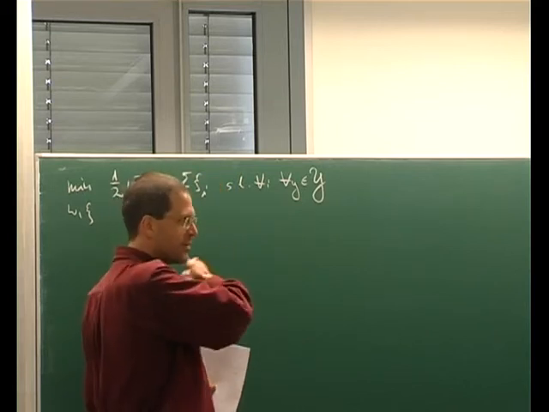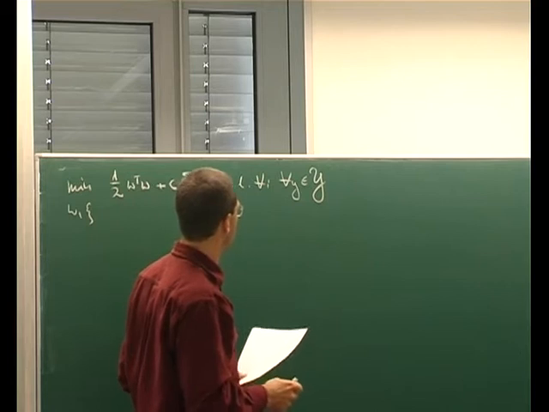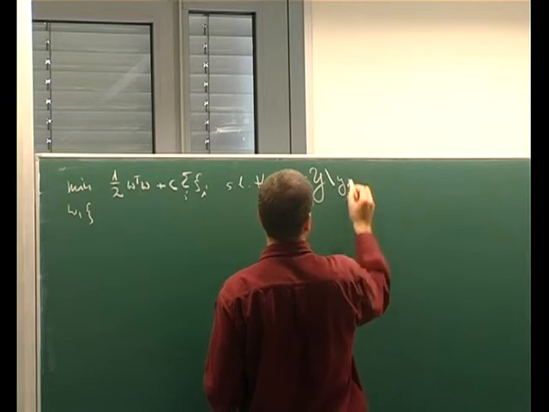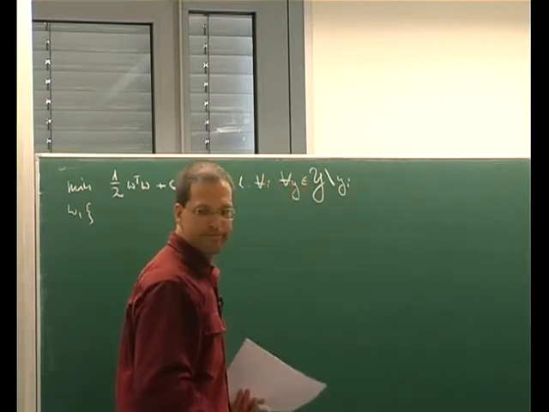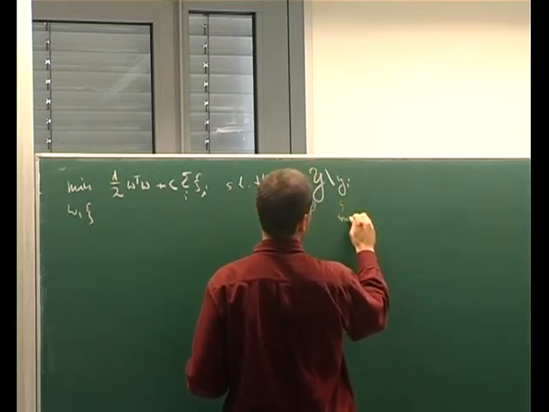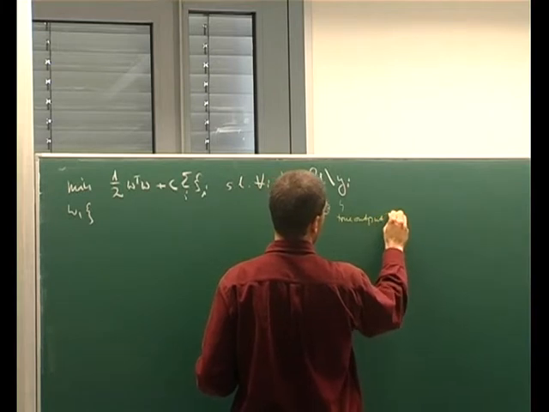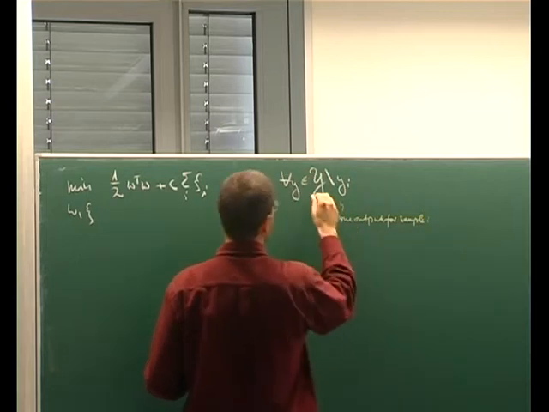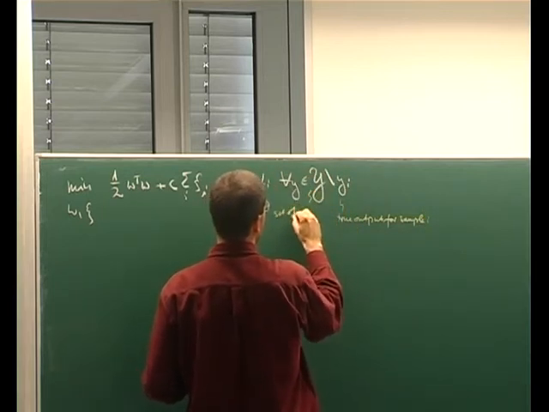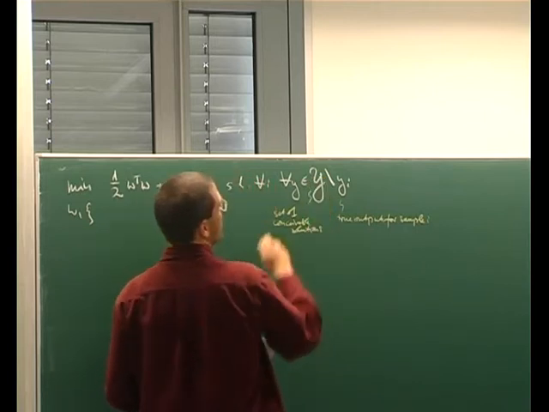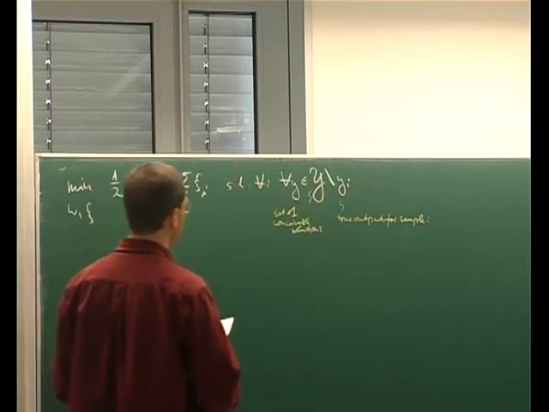So you're not allowed to make detours. yi is the true solution. So let me annotate this. This would be the true output for sample i. This would be the set of conceivable solutions, which is huge. So this one will comprise millions and millions of possible solutions.